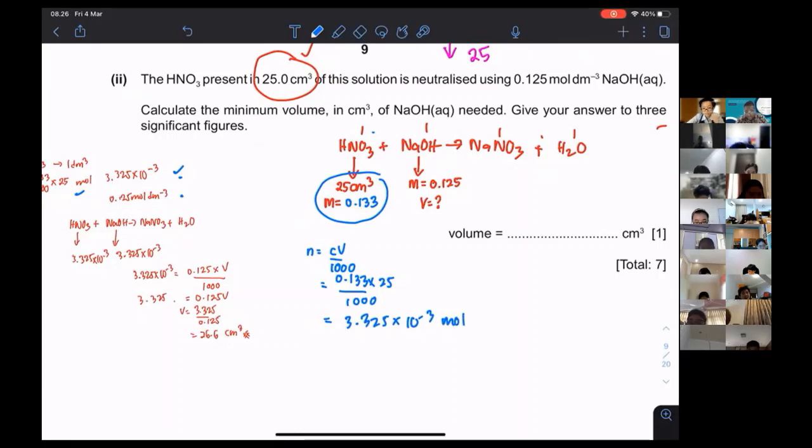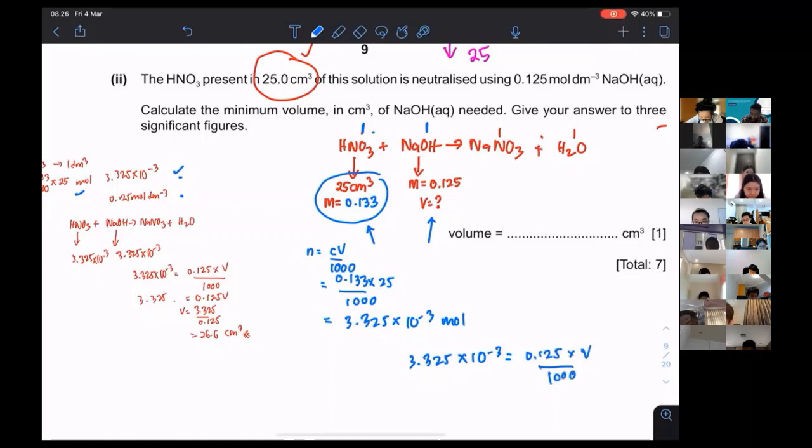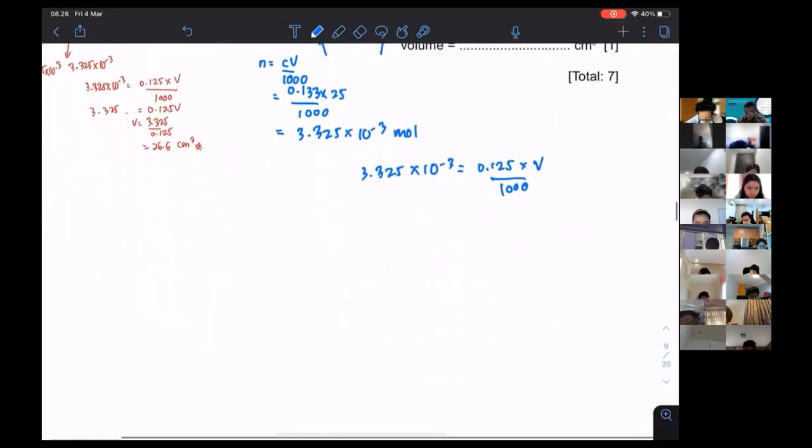Once you get that, 1 mole is 1 mole, so the number of moles of this must be the same as the number of moles of this. Using that, 3.325 times 10 negative 3 must be the same as 0.125 times V divided by 1000, so that V will be in cm cube.